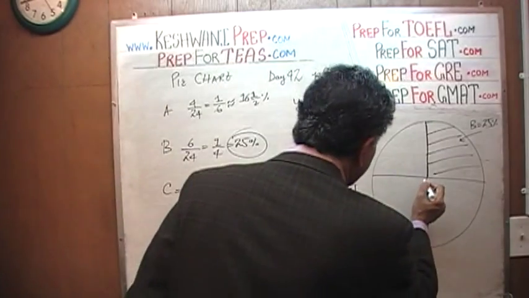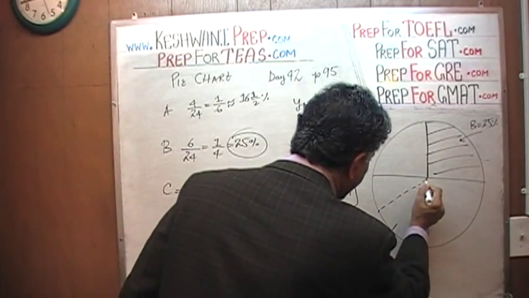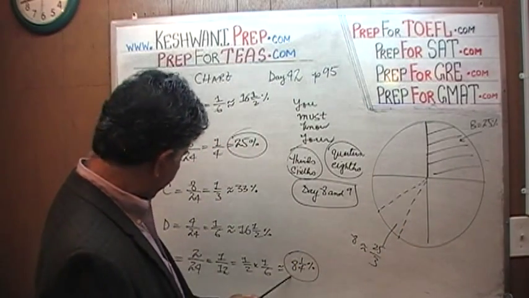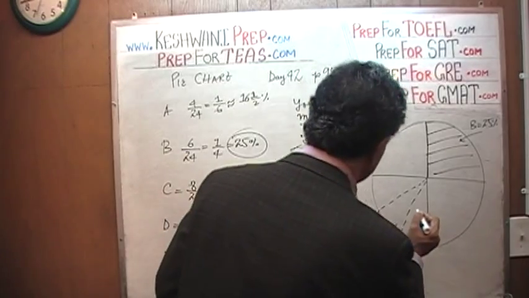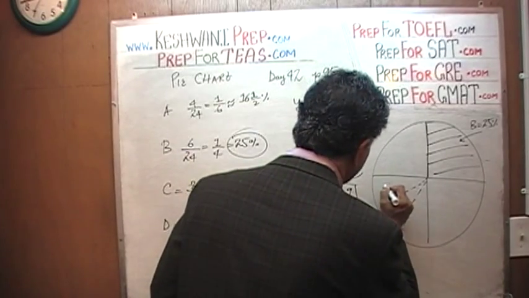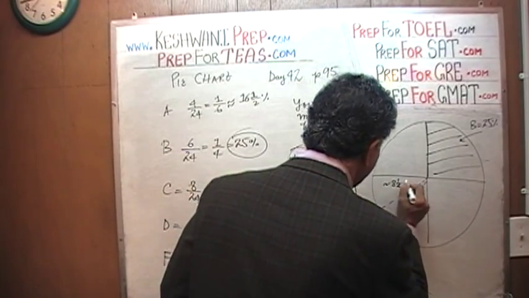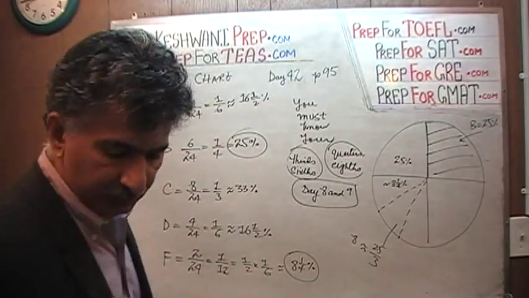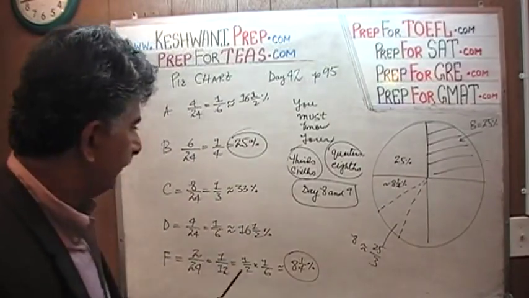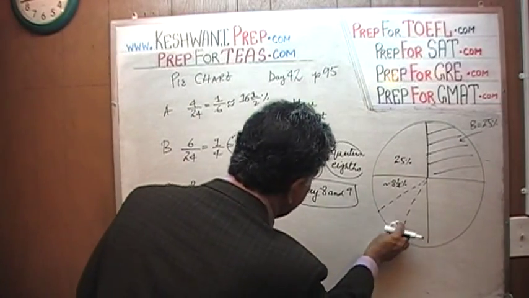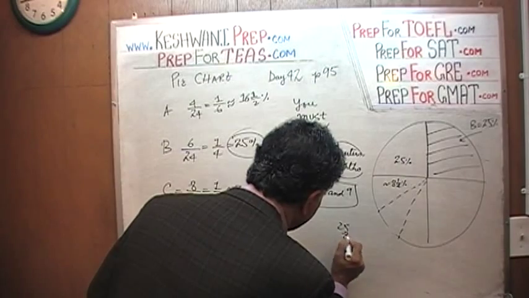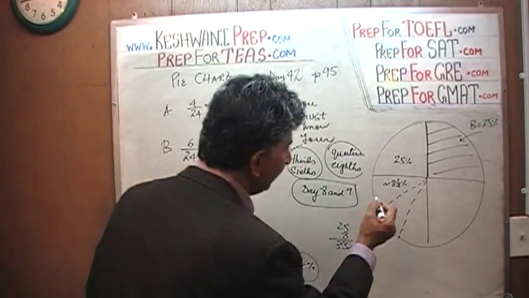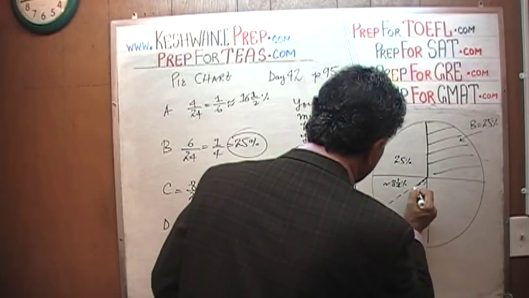In other words, a third of this part represents 8%. So that part right here is F. This is your F, 8%. This is approximately 8.25%, and this is 25%. How much is 8 plus 25? 25 plus 8, what do you think it's going to be? Well, that's your 33% right here. That's your third, as you can see, up to here.